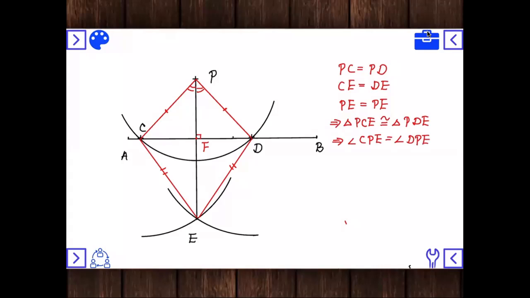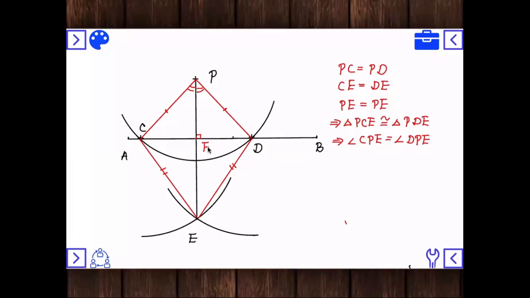Right? And now, can we prove that triangle CPF is congruent to triangle DPF. So now we know that angle CPE is equal to angle DPE, right?